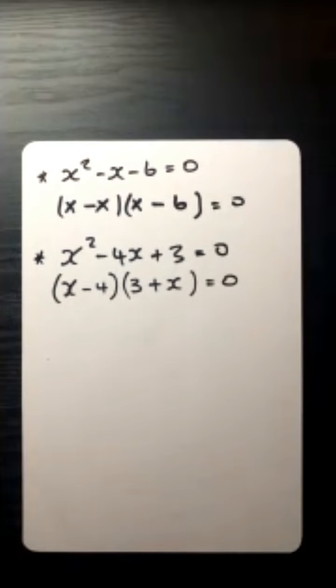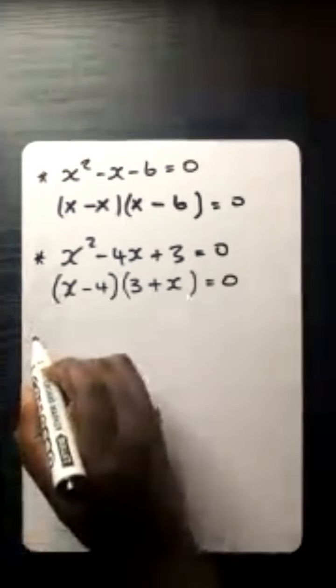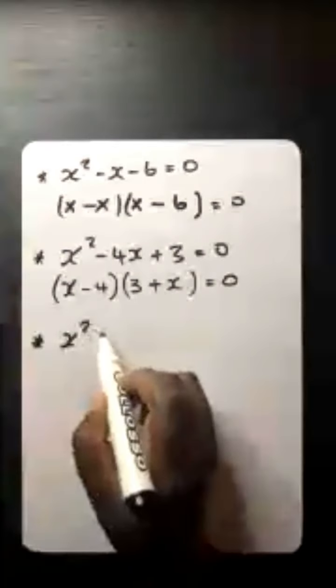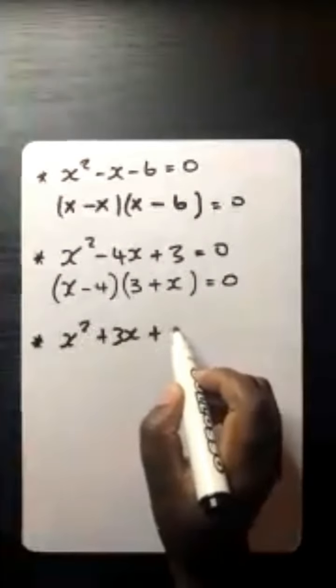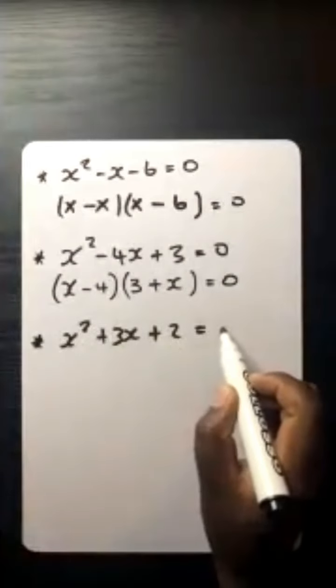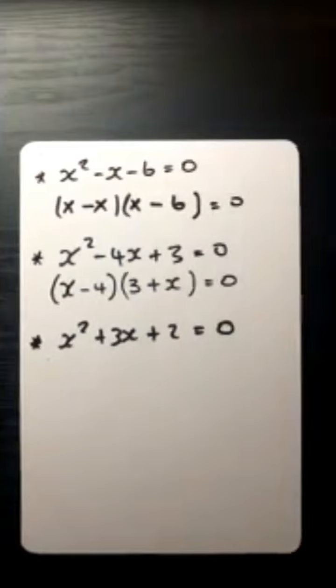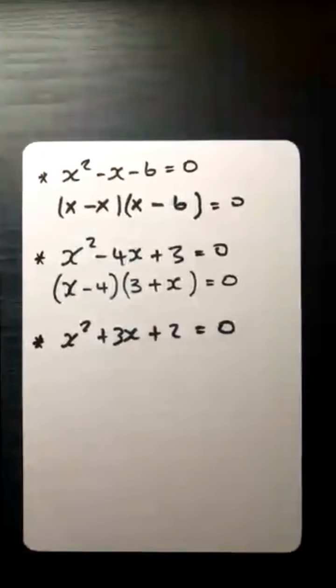Let me see the last one, Shreyas. The last one, let's say you're given x squared plus 3x plus 2 equals 0. Give it a try.